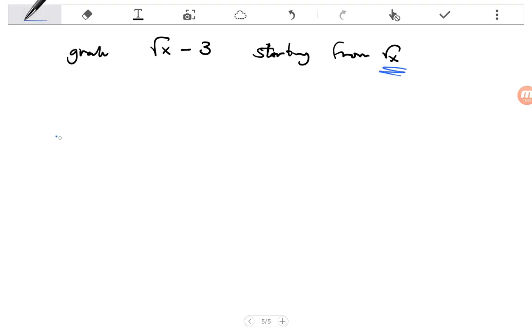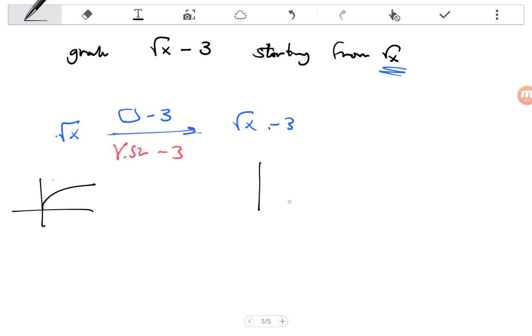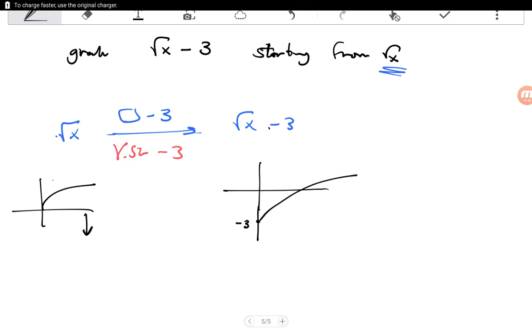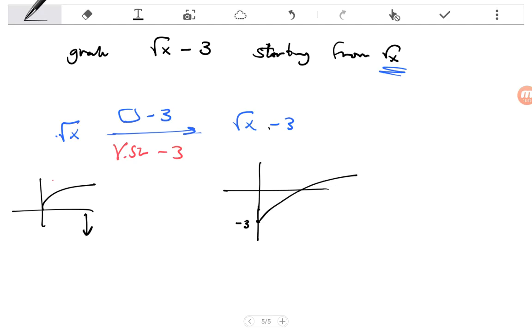Now we'll start from root x. My target is root x minus 3, which is the whole function minus 3. What does that mean to me? It means a vertical shift, with plus 3 or negative 3? Negative 3, downwards 3 steps. So if I start here, that is the graph of root x, and the graph of root x minus 3 will start from negative 3. I just moved it downwards 3 steps. So that will be something like this.